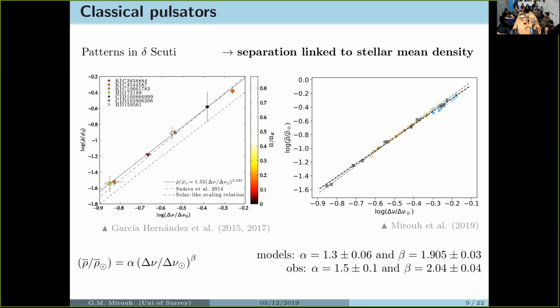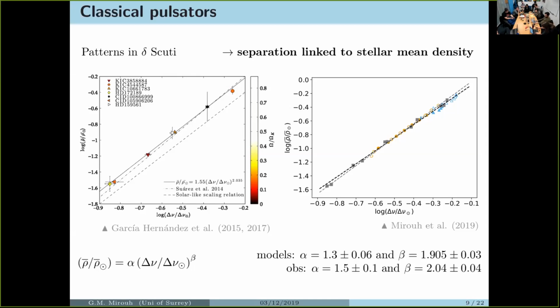On the left, you have the first paper with the observations of those stars. Notice that the color bar is for the rotation rate, and you have all kinds of rotation velocities for those stars. While on the right, I can't go through all the details, but the gray dots are the observations from the 2017 paper mentioned on the left, so there are more points.